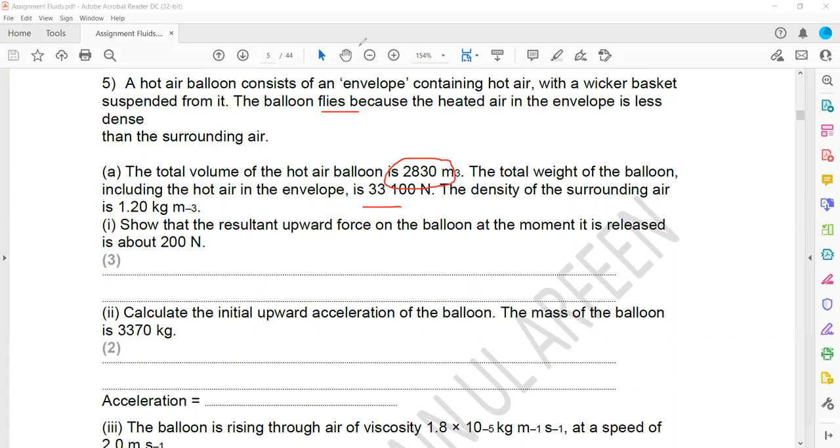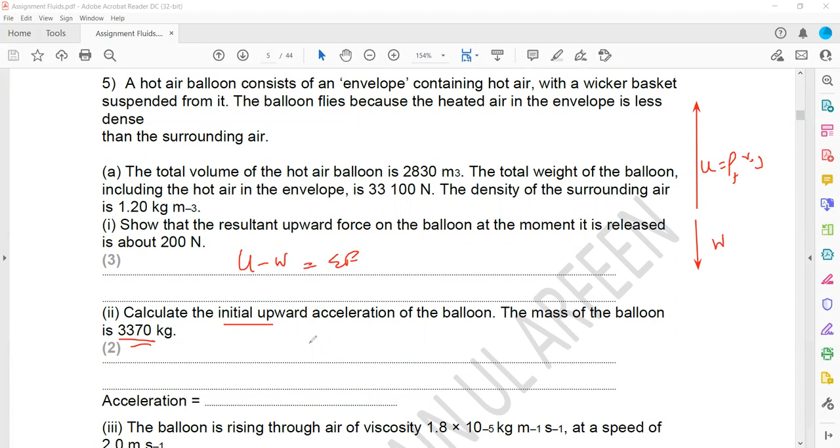So how will we show the resultant upward force? There's an upthrust and the weight. We calculate the upthrust as density of the fluid times volume of object times gravity, and weight is downward. So upthrust minus weight will give us the resultant force. And calculate the initial upward acceleration. The mass of the balloon is 3,370 kilogram.